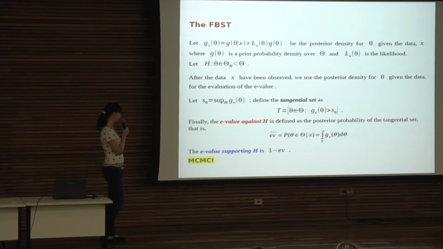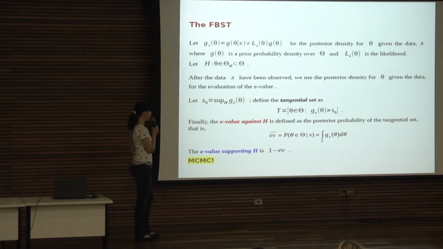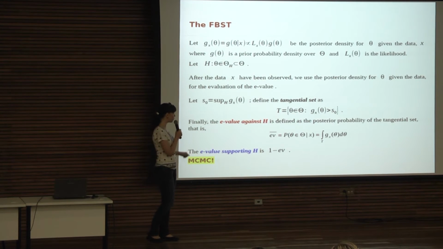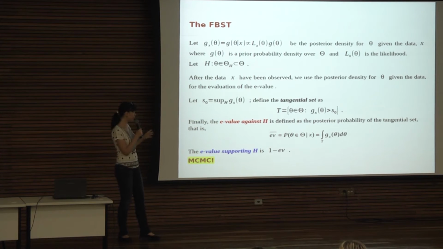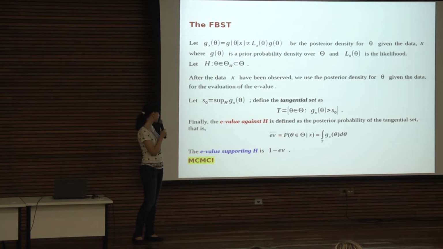Let s0 denote the supremum of the posterior density under the hypothesis H, and let's define the tangential set T as all vectors of theta which belong to the general space Theta, such that the value of the posterior distribution of theta given the data x is larger than s0.